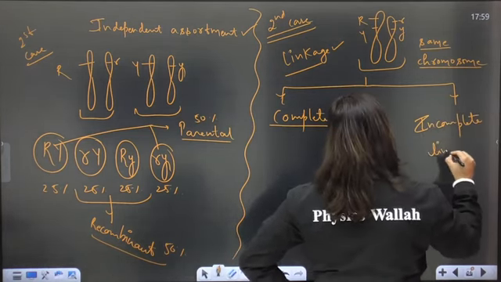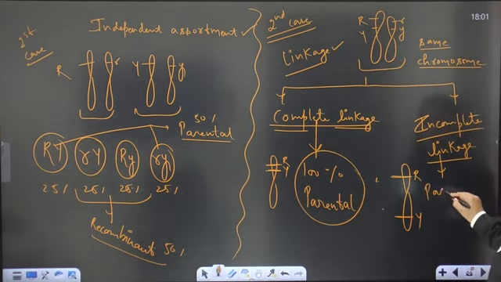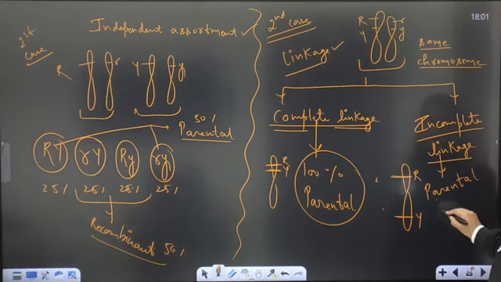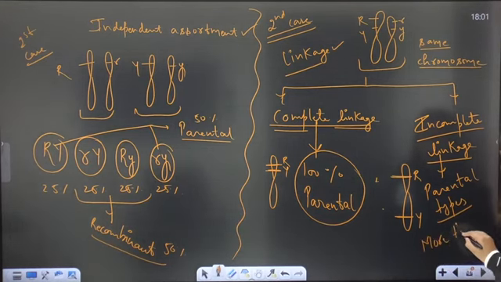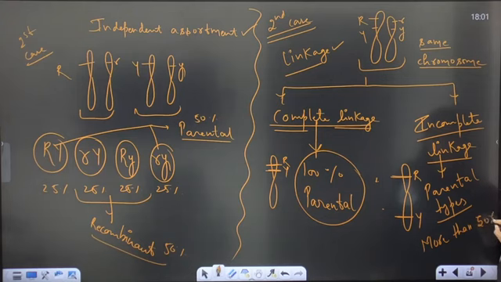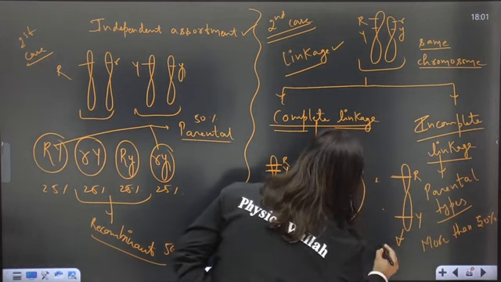Exchange of segments during the pachytene stage of meiosis 1. So there is a chance that during crossing over, this capital Y goes away and they can be separated. So there is linkage, but there are chances that they can be separated with the help of crossing over, and that is incomplete linkage. In incomplete linkage, the parental types will be more than 50%, and the recombinants will be less than 50%.